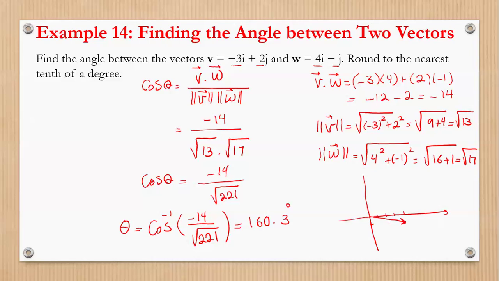So that's vector w, sorry. And the vector v is -3, 2. And you can see that the angle between them is around 160 degrees.